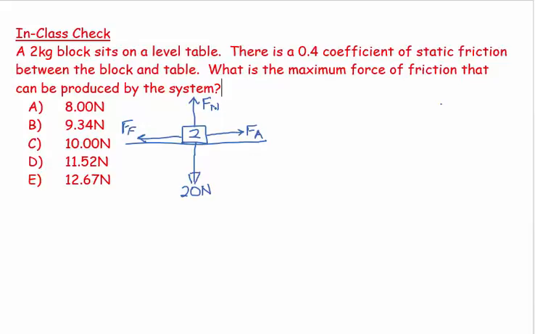And the question says, what is the maximum force of friction that can be produced by the system? So let's remind ourselves of the pertinent equation, and it is that FF is less than or equal to mu static times Fn.